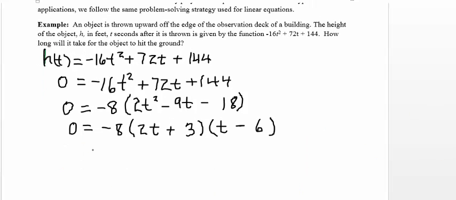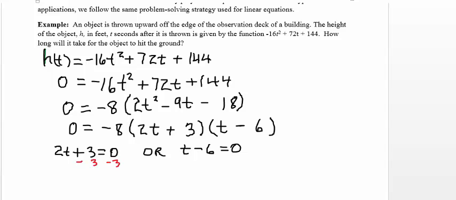So those are my factors. So I take only the factors that involve the variable and set those equal to 0. I do not set negative 8 to 0. That does not involve the variable. So 2t plus 3 equals 0, or t minus 6 equals 0.